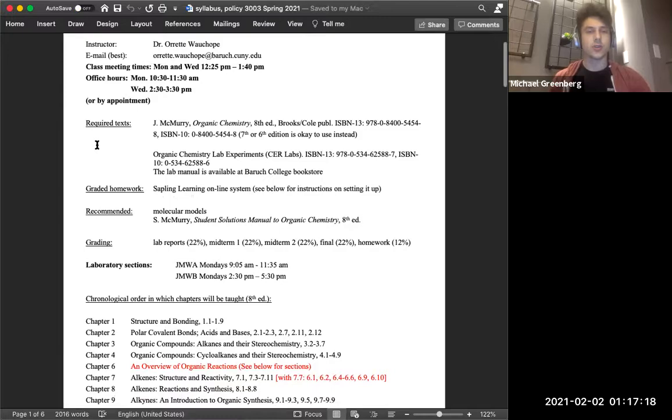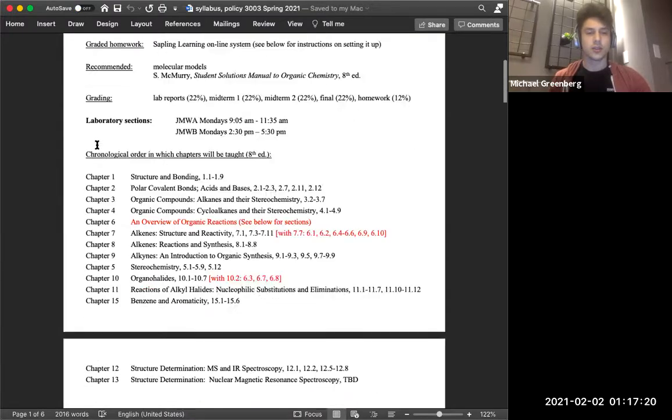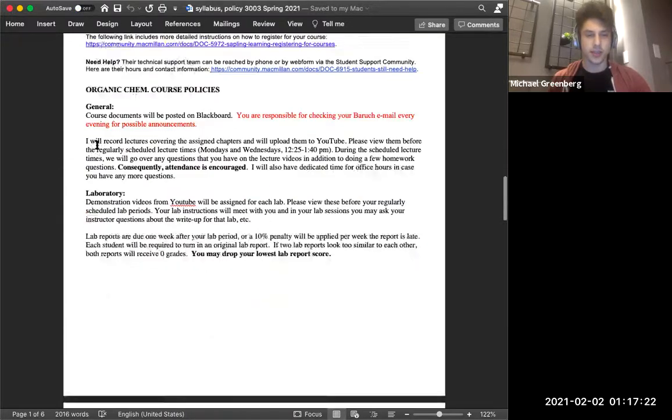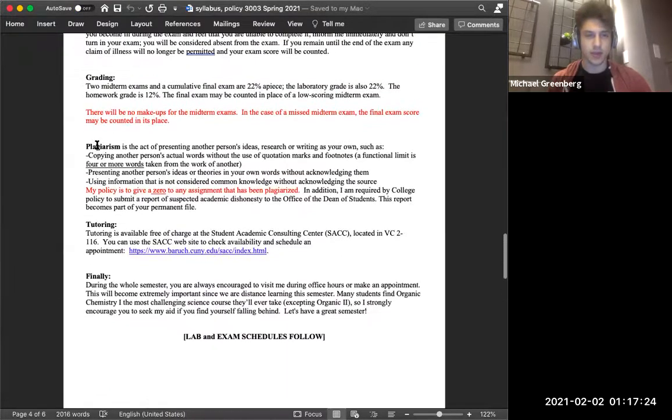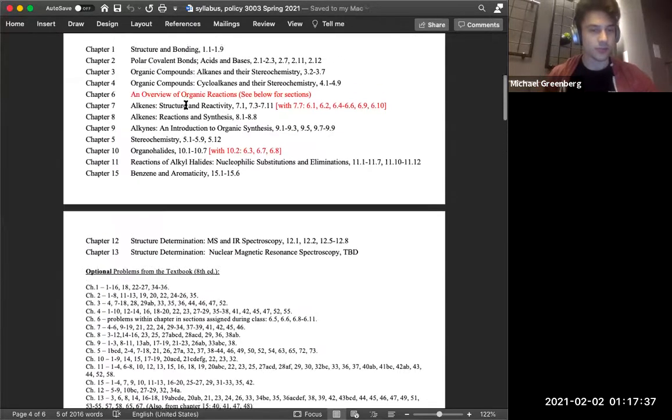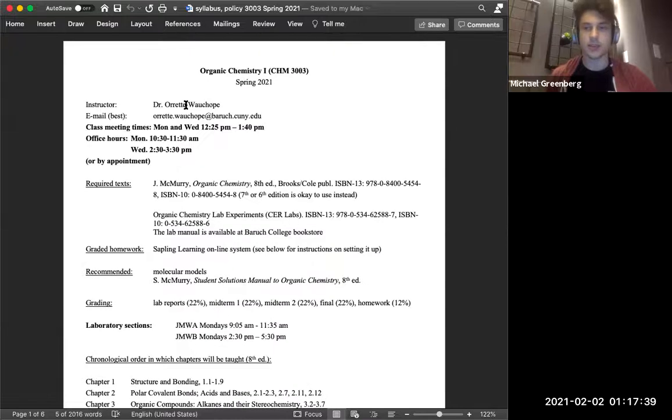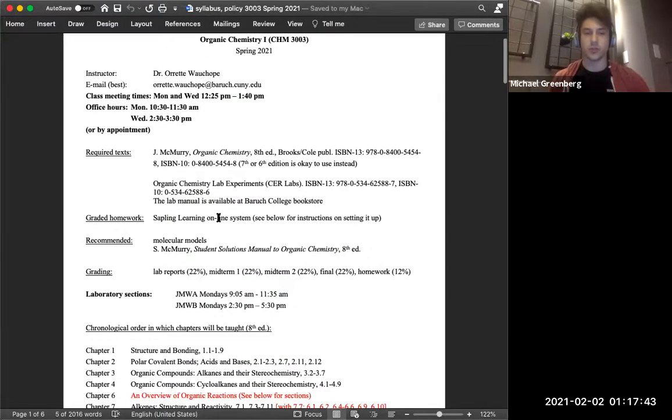Basically, the summary is that if you skip down, the laboratory grade is going to be 22% of your Orgo grade. As such, these labs that you're going to be handing in will be graded and will be counted for your grade.